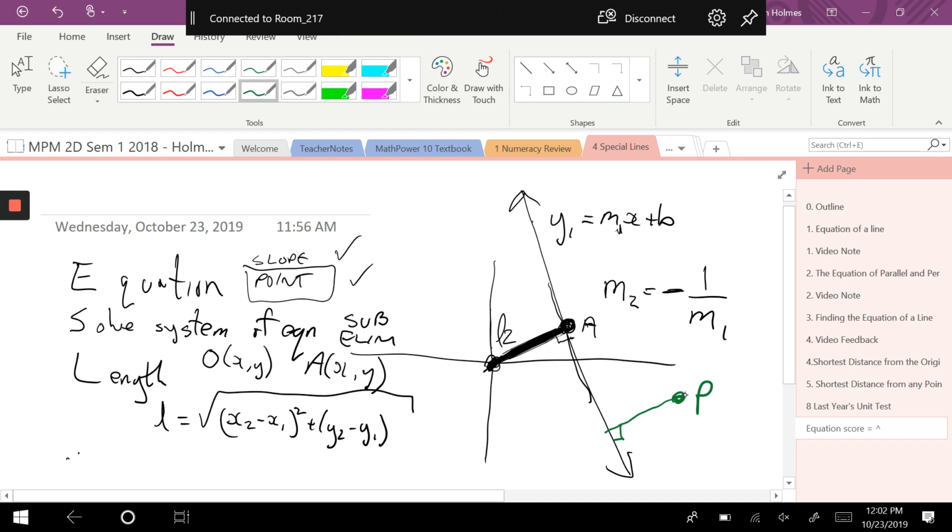Now that I've got a point and I know my slope, that allows me to calculate the equation of this line. When I solve my system of equations, I'm solving for this line here and this line down there. That gives me this particular point. And now I'm using my length equation, and instead of subtracting 0, I'd be subtracting whatever my point P is. But it's the exact same process.